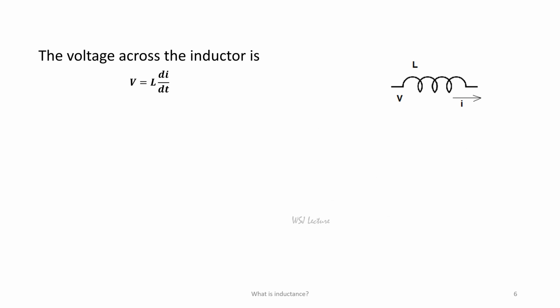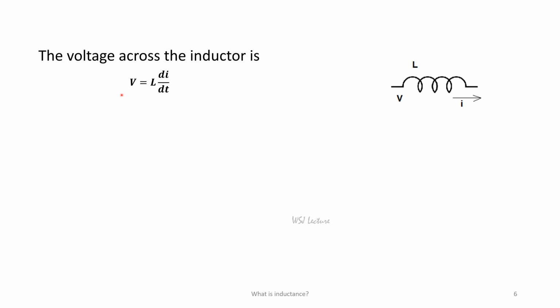The voltage across the inductor is given by V is equal to L times di over dt. Here is an inductor represented by L, the voltage across the inductor is V, and the current across the inductor is I. But the current across the inductor will be varying with time, so it will be di over dt.